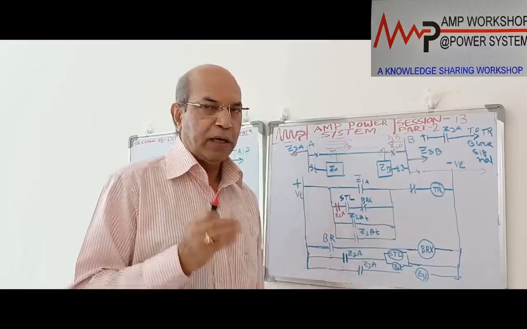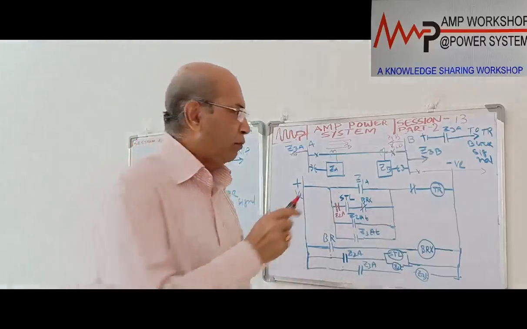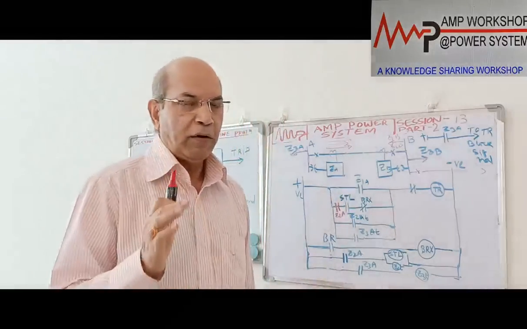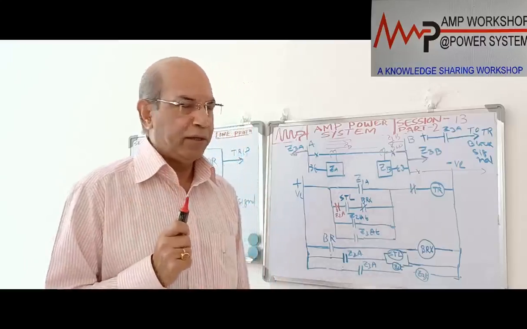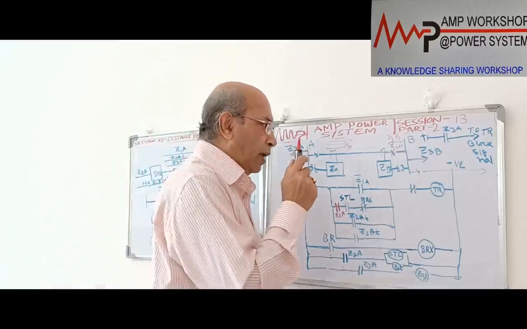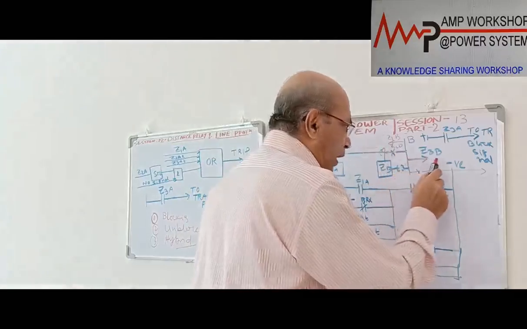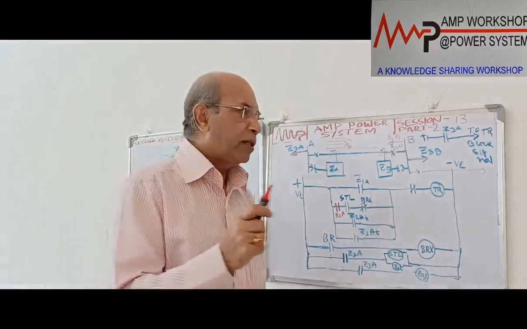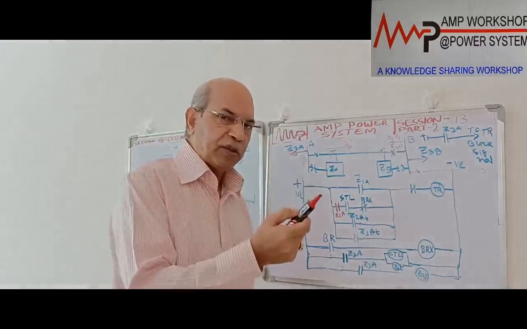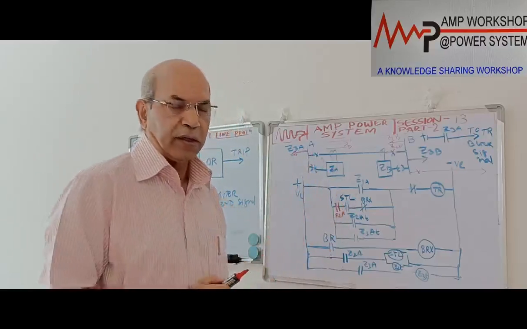The advantage of that is, if the channel fails during an internal fault, relay operation or fault clearing will not be disturbed. That is one of the advantages. And if the fault is outside of the line, not within this line, in that case a blocking signal will be transmitted from the remote station to the other station.